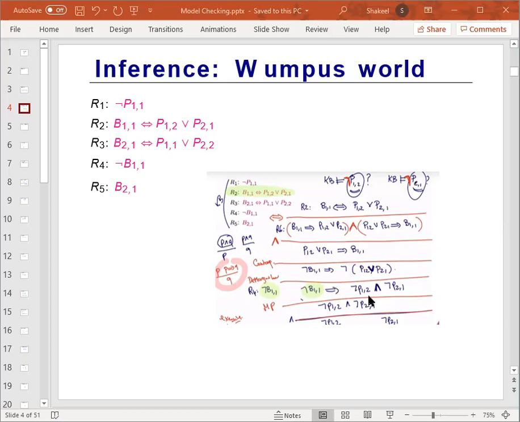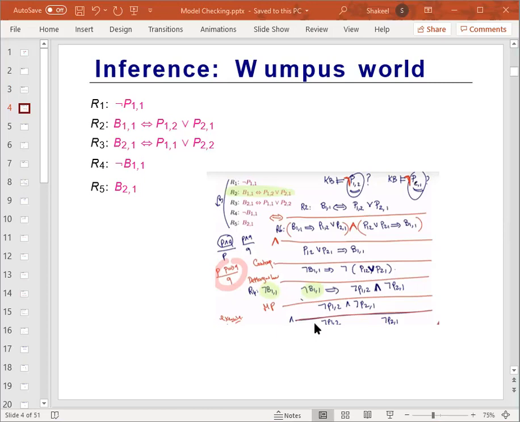So I am putting this on the side, but I am also taking care of having the negation of B11 on the left hand side. We could also use modus ponens if you want to keep it as is, but let's do it this way first.